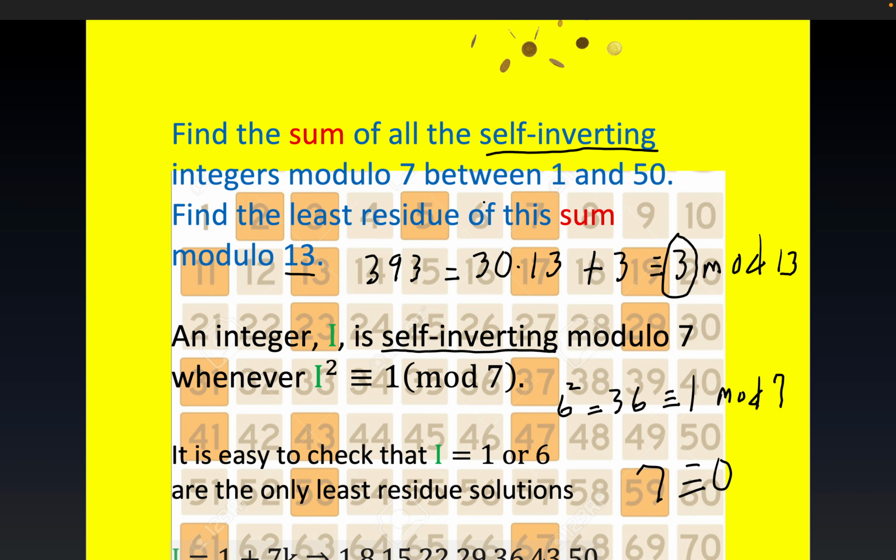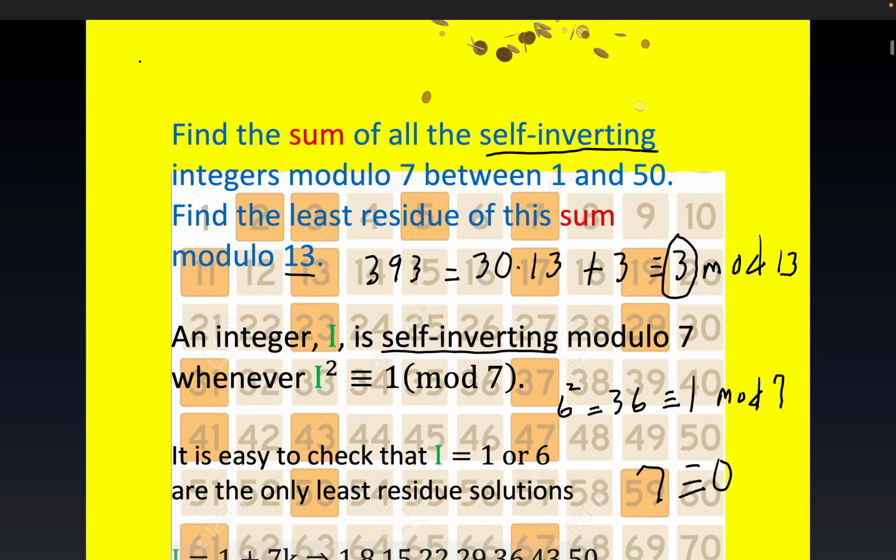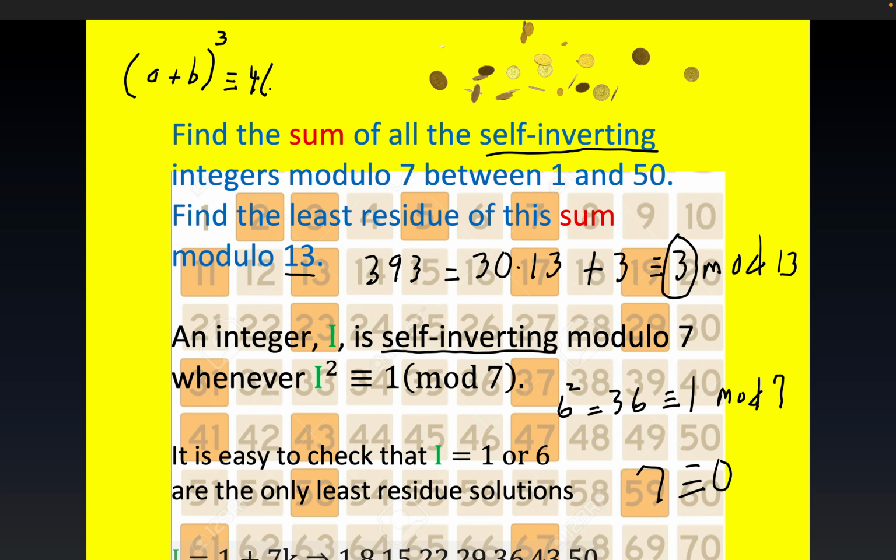Not that they're hard, but they give rise to classes of new problems. For example, you could say something like this. Let's say A and B are self-inverting elements. If you cube A plus B, you can actually get that this is congruent to 4 times A plus B. You can do some interesting algebra on these things.